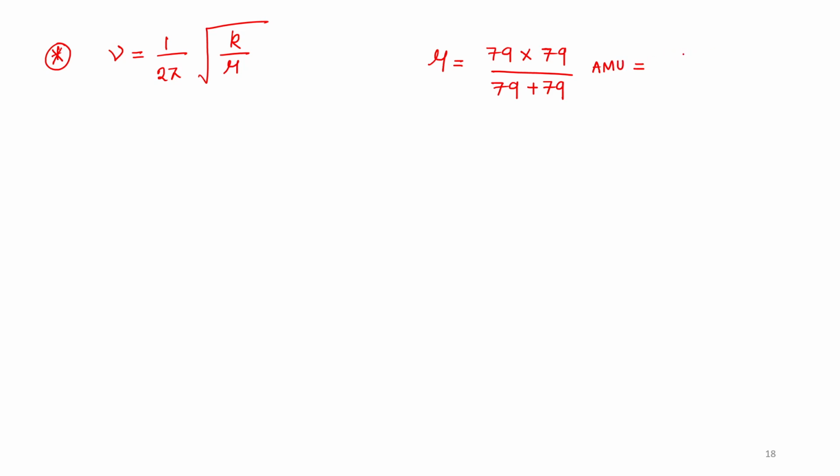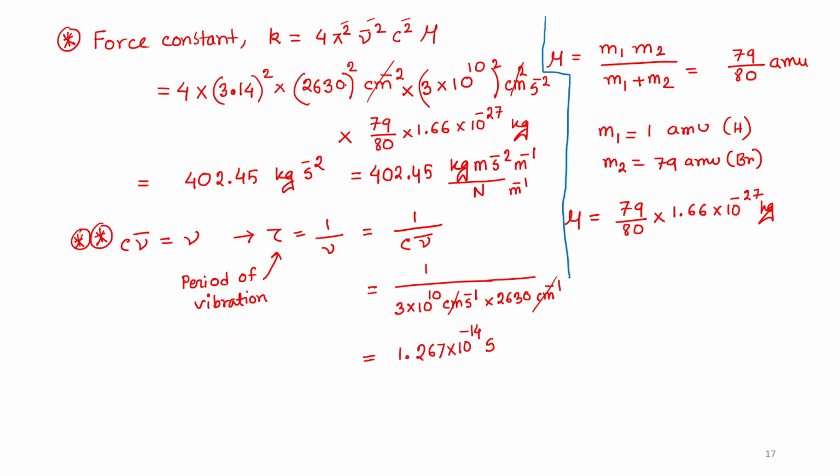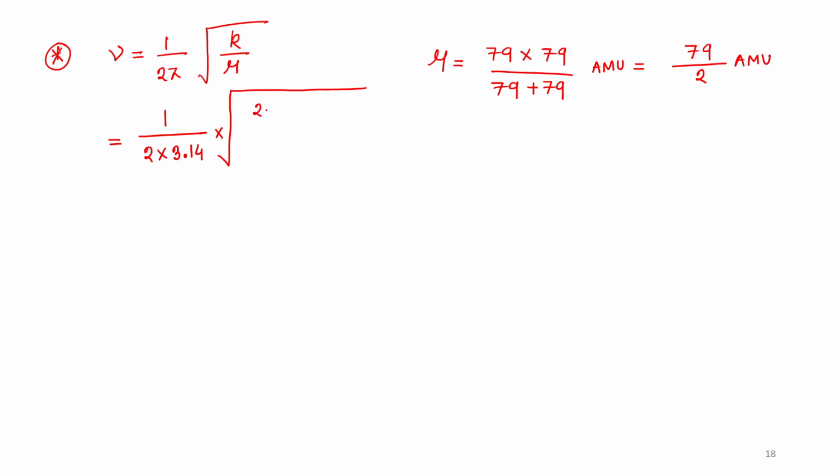I can take 79 common, so it would be 79 by 2 AMU, and I'll put it directly here. 1 by 2 into 3.14, inside the root, the value of k is given, that is 240 Newton meter inverse.